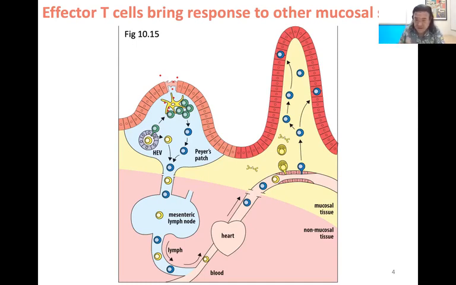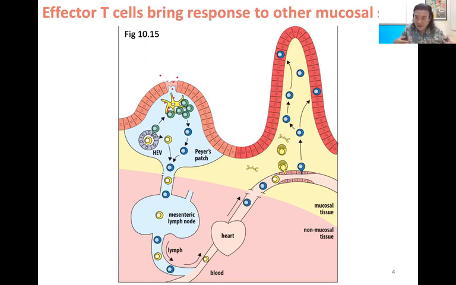I want you to also keep this in mind. Even though the cartoon suggests that this particular little group of cells made their way back to the small intestines, so that they could start protecting the small intestine region over here, the reality is, even if stuff was detected coming through the Peyer's patch and activating your immune memory or selecting for new immune cells, those immune cells, as they go through your blood, are not just going to head back to your small intestines.